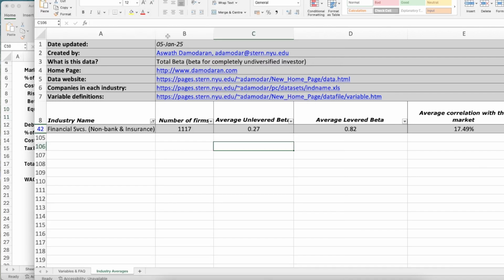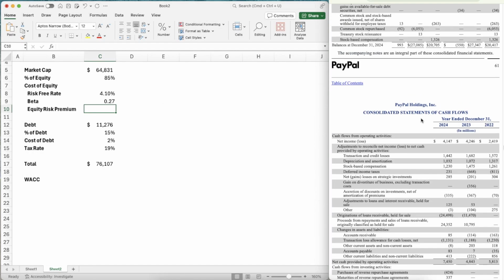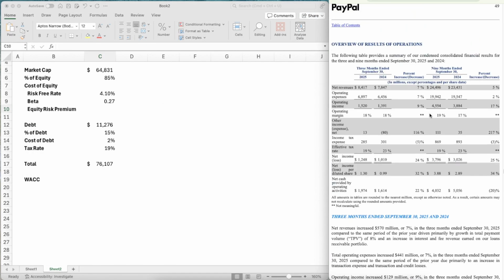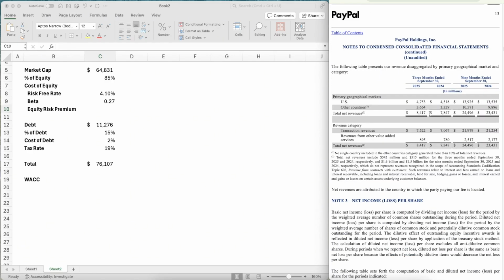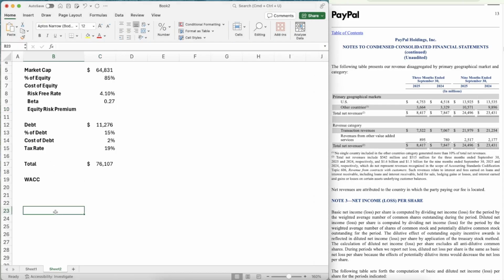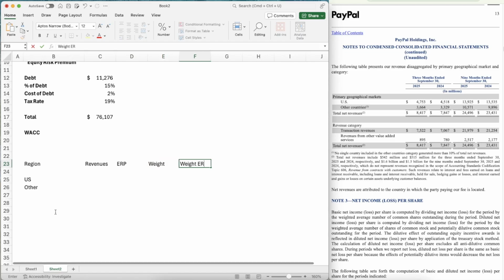But the equity risk premium, we know this because we can see the breakdown of revenues. What page did I say? Page 13, didn't I? This is what we want. So for the US, let's go region. We've got US, other. We want to know the revenues, the ERP, the weight, and then the weighted ERP.